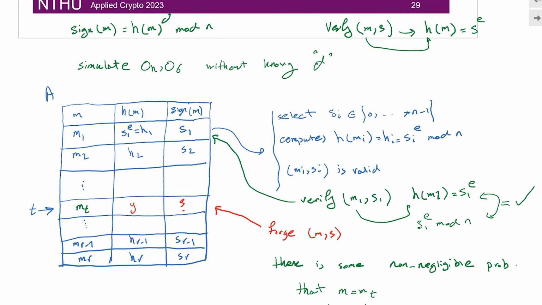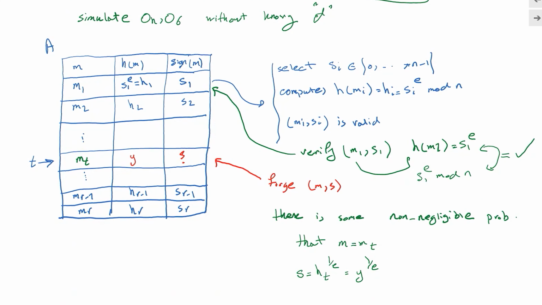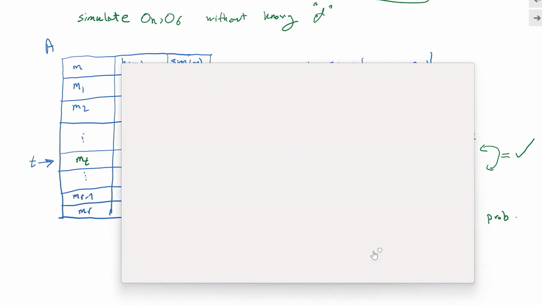And you see that we are able to do this simulation, and with that we have answers to the questions that we receive from our attacker, our forger, which is the attacker here.